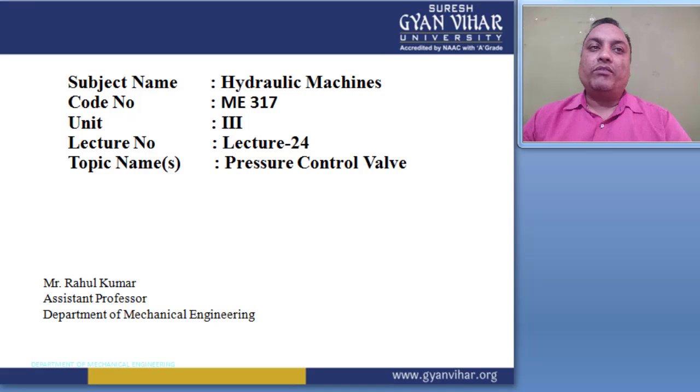The pressure control valves are sometimes called pressure relief valves, and the working procedure is like this: if there is any extra pressure inside the fluid lines, at that time the pressure control valve opens and sends this high pressurized fluid into the reservoir.